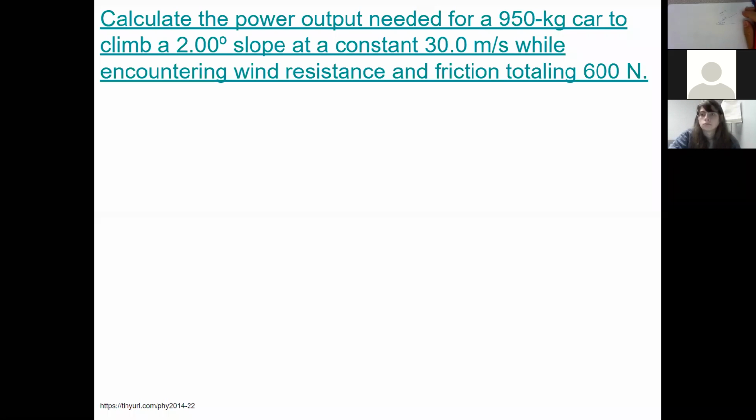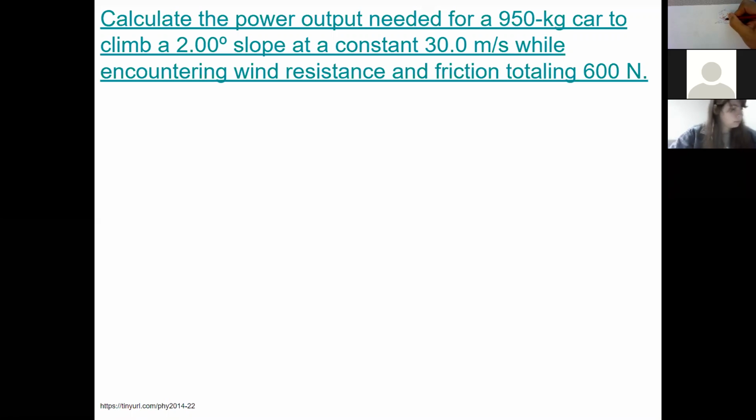As I mentioned, it's usually important to draw the free body diagram of the object of interest. So mg goes down here, the normal force goes there. Then it says there's wind and friction totaling 600 newtons, so let me just call this small f. Because this is moving at constant speed, there must be a driving force to balance out this resistance force and part of the weight. So this is your driving force, F sub d.